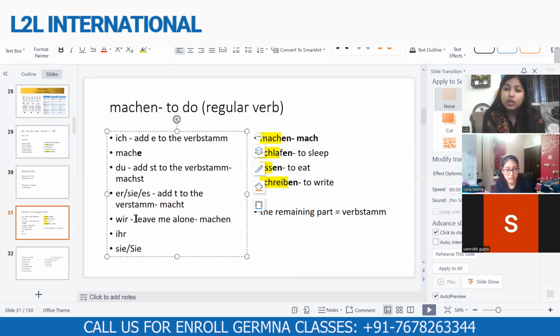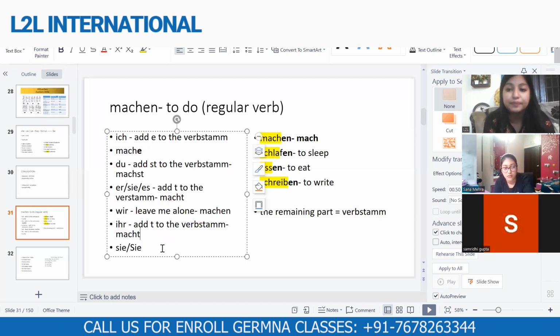Wir says, do not change me. So we need not change. With ihr, it says again, add t to the verb stem. So what will it become with ihr? Macht. Yes, t here.